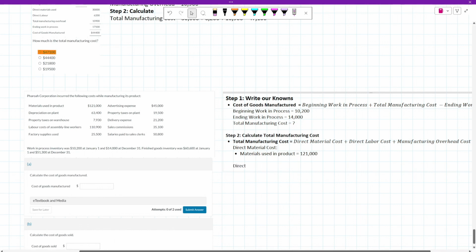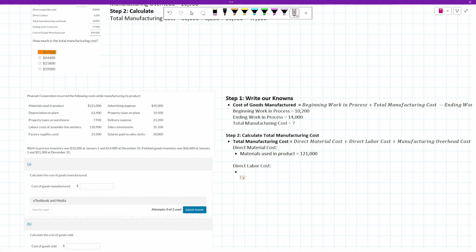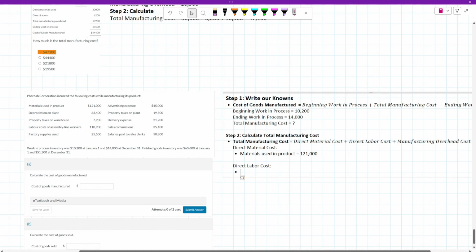Then we have direct labor cost. Which out of here is our direct labor cost? We could see it's the labor cost of assembly line workers. This is equal to 110,900.